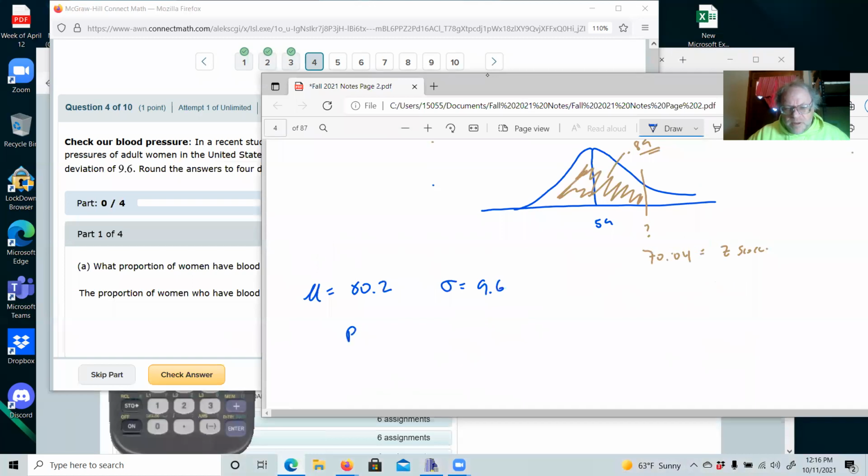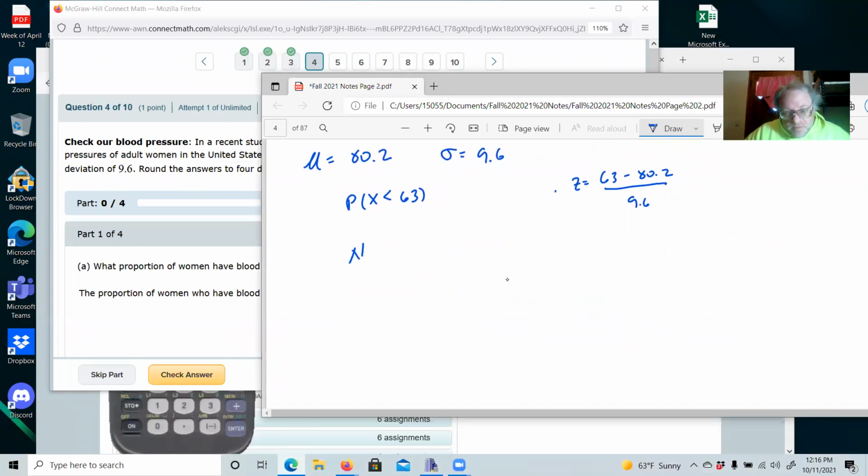So what is the probability that, notice we're using X now. If it's Z, we would have done this to it, right? We would say, what's the Z score for this? That would be 63 minus 80.2 over 9.6. We don't need this, okay? I wish we did, but we don't.